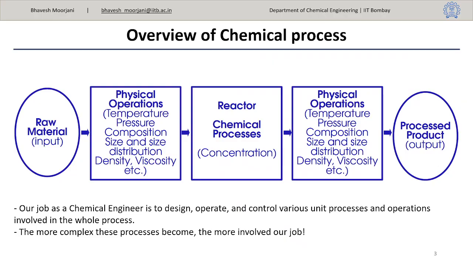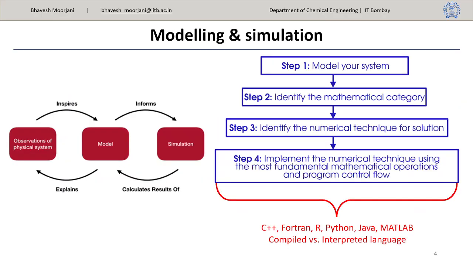It applies to any condition. A model can be as simple as representing y equal to mx, so a straight line can be referred to as a model, and some complex combination of algebraic and ordinary differential equations can also be a model. And simulation is the use of that model. Our day-to-day life decisions are also based on some sort of models that we make, so it doesn't have to be complex when we talk about modeling and simulation.